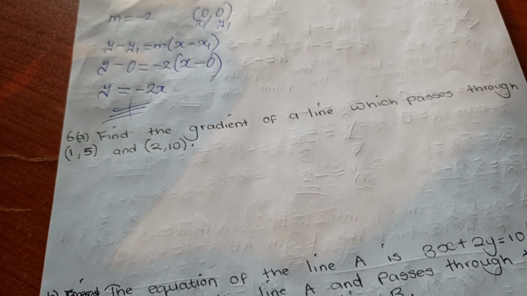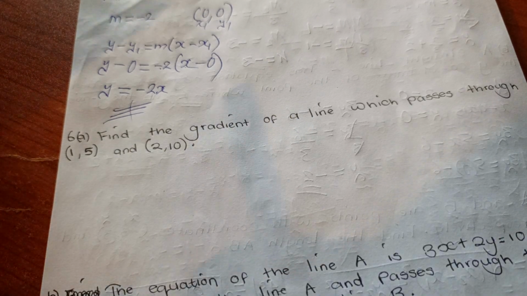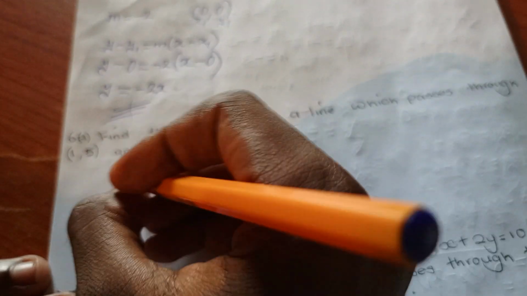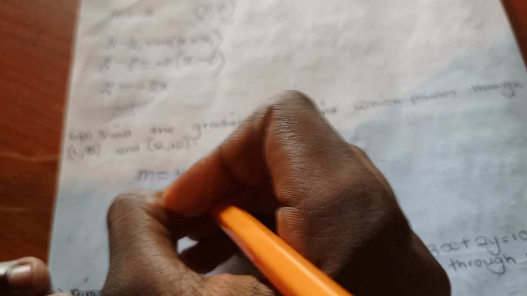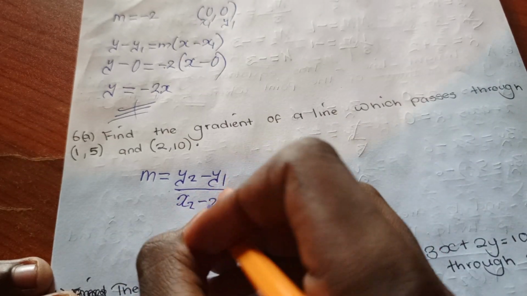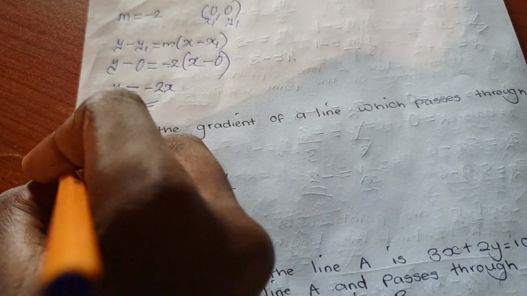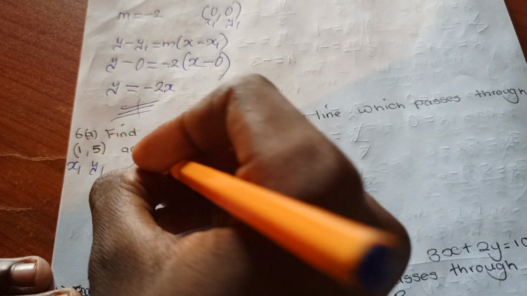6a. Find the gradient of a line which passes through 1, 5 and 2, 10. So I'm just finding the gradient. So here's the formula. M is equal to y2 minus y1 over x2 minus x1. So we can label our points there, x1, y1, x2, y2.